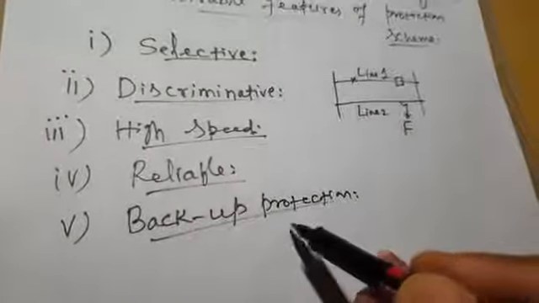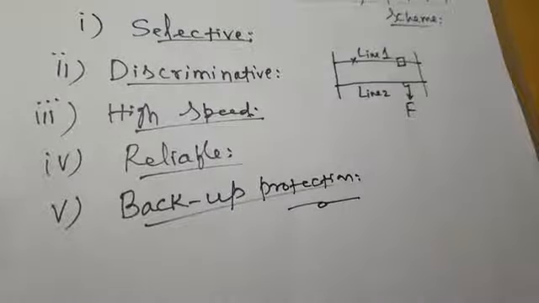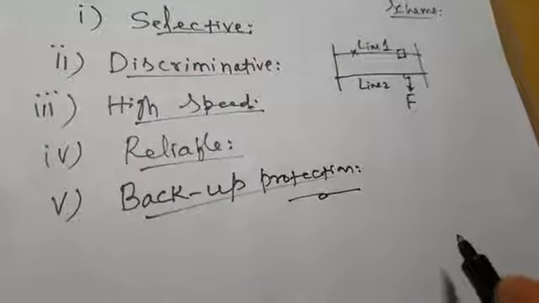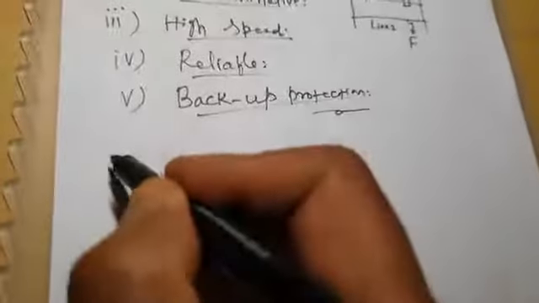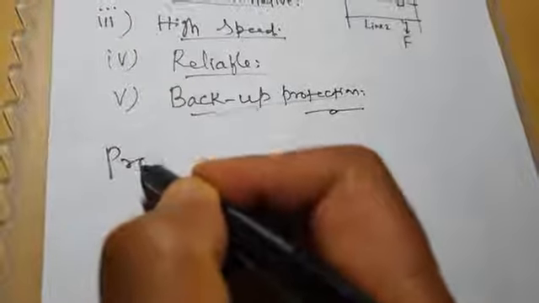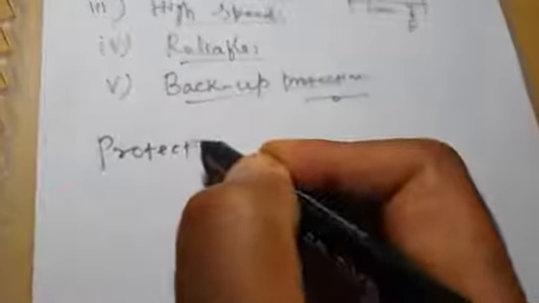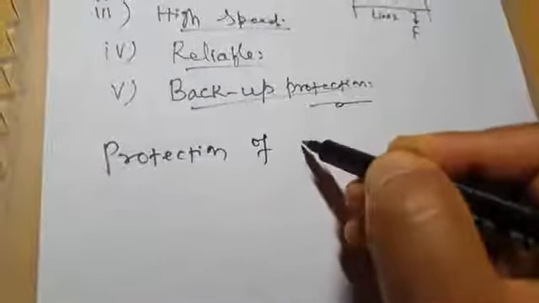Now, your HVDC system comprises of an AC side and a DC side. So therefore, you have to provide protection for both sides, AC side protection as well as DC side protection. Let us first of all discuss protection of AC system.